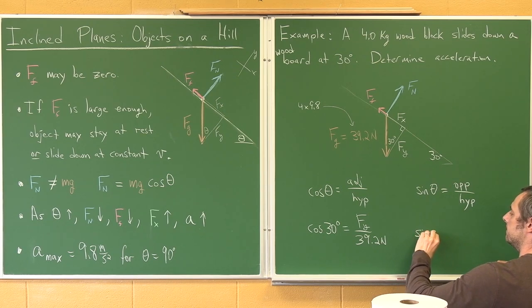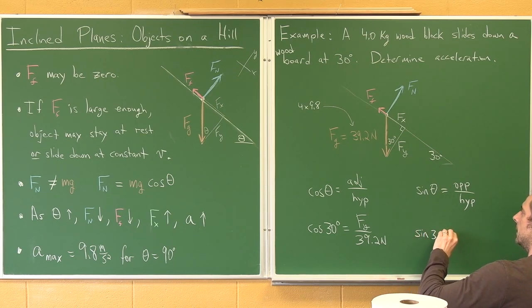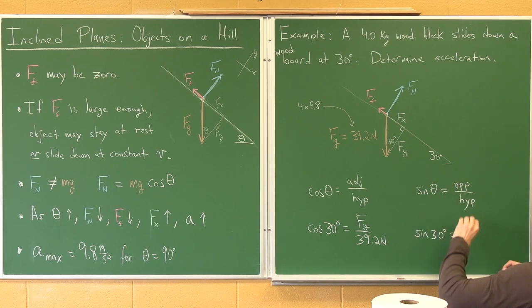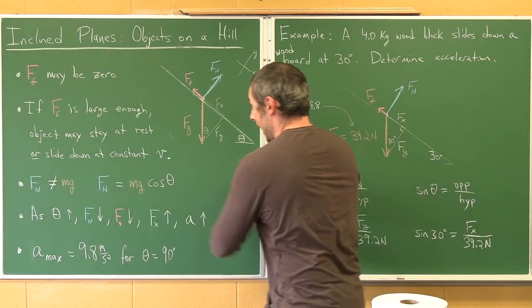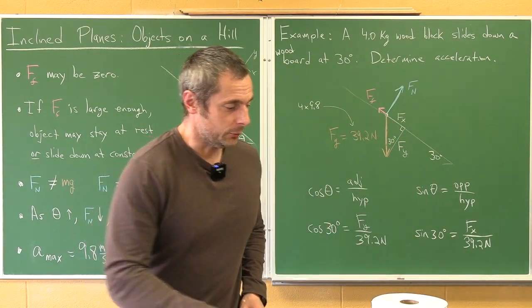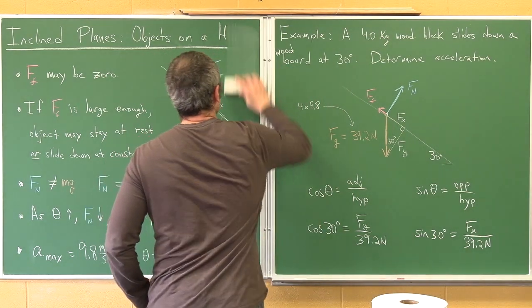Sine of 30 is equal to the opposite side, which is x, over 39.2. Okay? All right, so now I'm going to make some room here. I'm going to erase this board so we can continue.